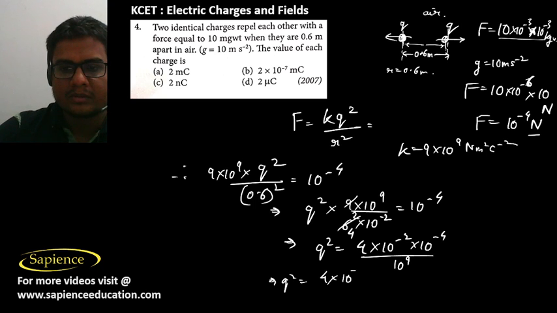So q will be equal to 2 into 10 power minus 15.